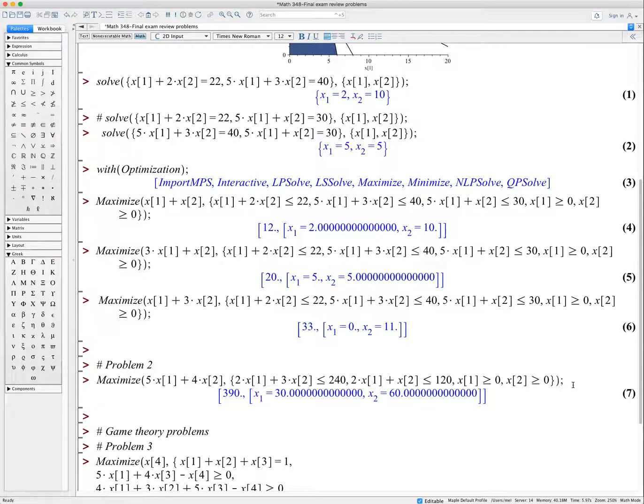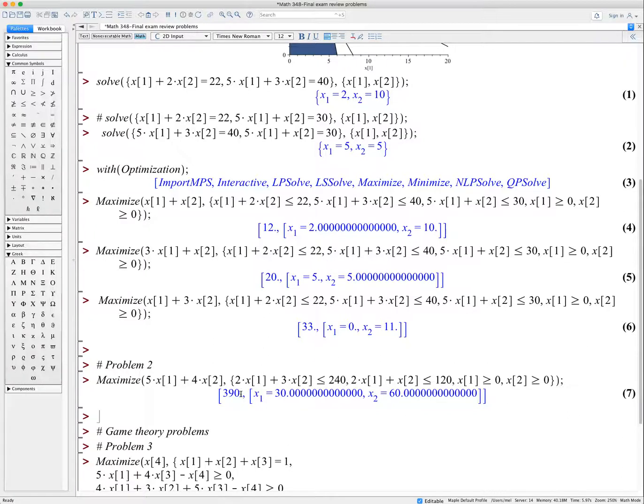And this says we should try to maximize our profit. We should try to sell 30 calculators, 60 sweatshirts, and our profit will be $390. So Maple does it all instantaneously. It's very easy.